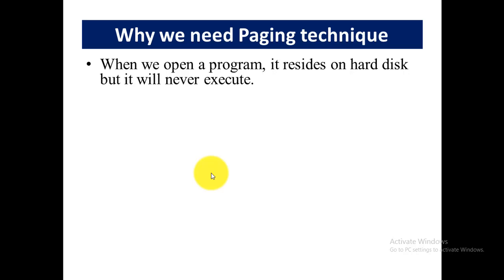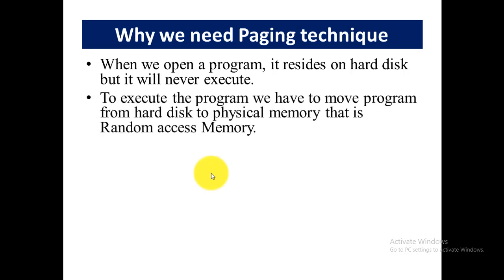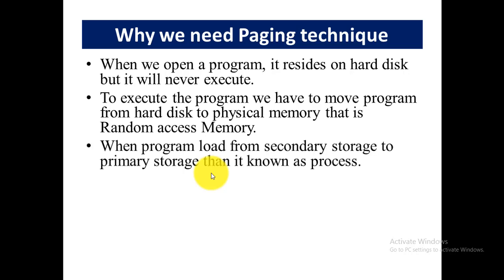When we open a program, it resides on the hard disk, we know that. But it will never execute until we load it into the RAM. So to execute the program, we have to move it from the hard disk to physical memory, that is random access memory.